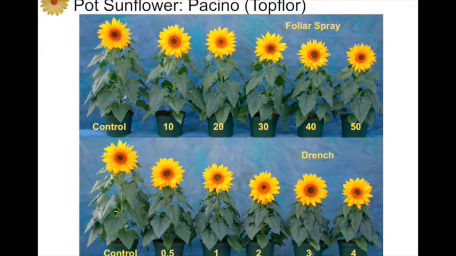So here are some results that we had with Topflor a few years ago. You see the response of increasing rates of foliar sprays from 0 to 50 on the top photo, and the bottom photos are the drench application. So you can see, in many cases you get a little more control with a drench than you do with the foliar spray.